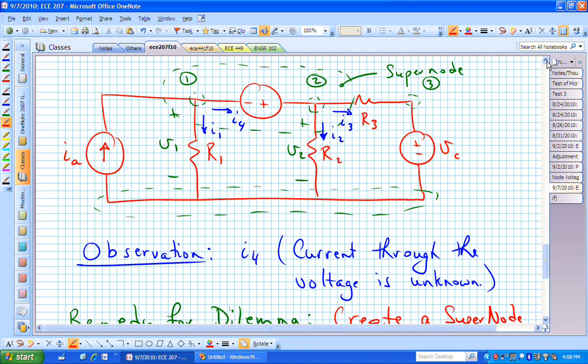I think it's more of a statement in the form of a question. KCL says the algebraic sum of the currents in or out of a node is equal to 0. Or you could just restate it. You could say the currents in equal the currents out. And usually I draw them going out so that in my process, I don't even hardly have to think how I'm writing the equations.